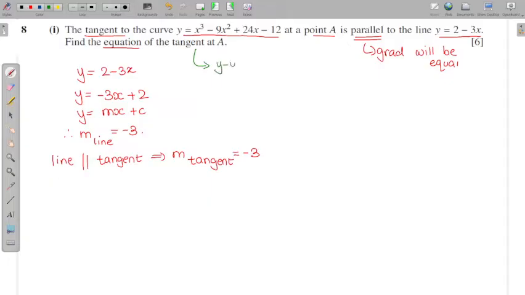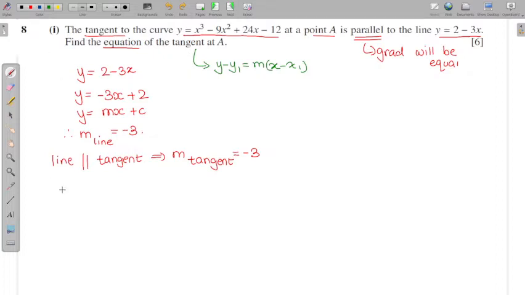And what is the equation of a straight line? It is y minus y1 equals m bracket x minus x1, where we need the gradient of the line and we also need the coordinates of a point which is falling on that line. So we have already found out the gradient of the line. So next we have to find out the coordinates of a point which is falling on that tangent, and that is point A. So we have to figure out the coordinates of this point A. So for that, we have to differentiate the equation of the curve given.